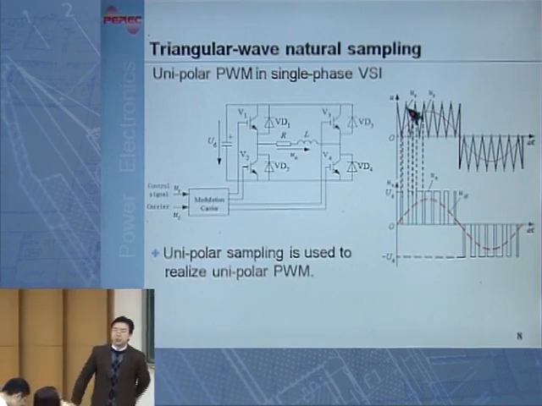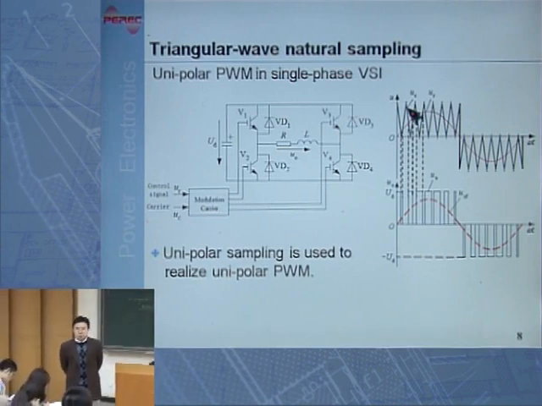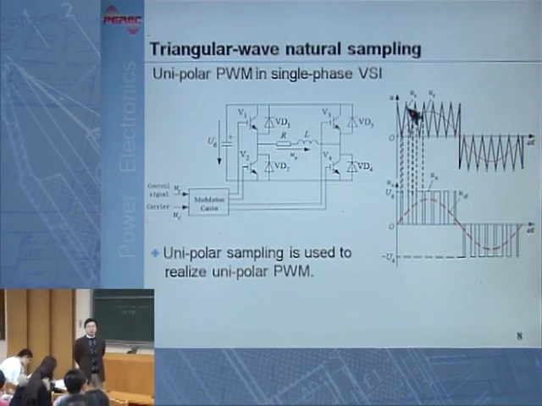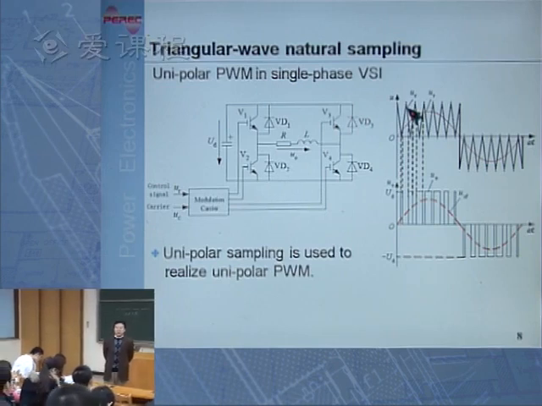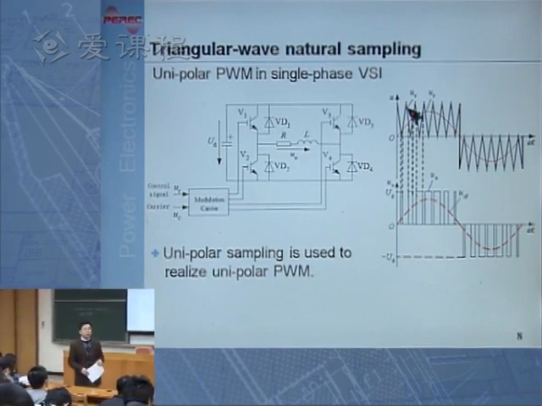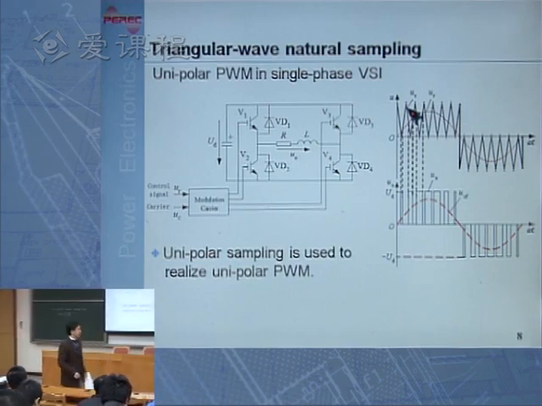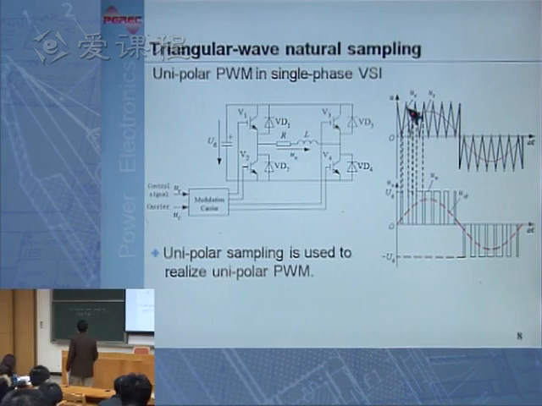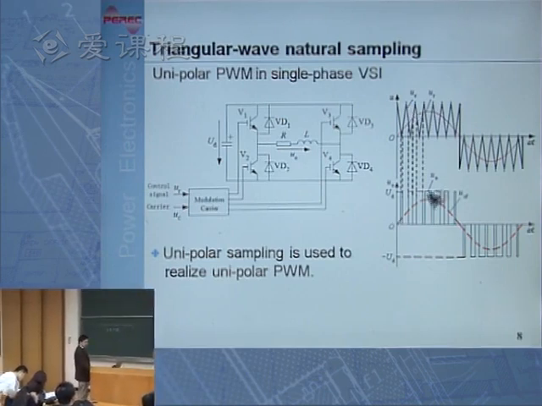That means I'm using a carrier signal to compare with the modulating signal. When the modulating signal is higher than the triangular wave carrier signal, I'm generating a positive pulse. Okay?